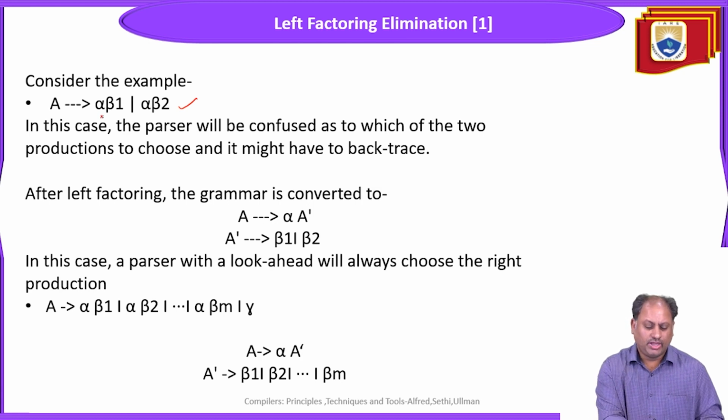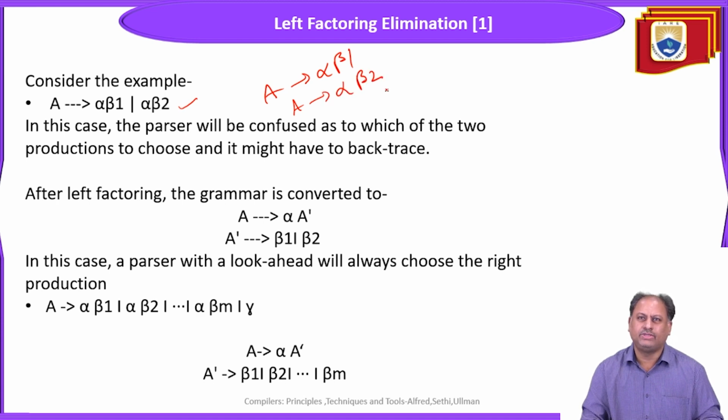So A derives alpha beta 1 is one choice that is to be considered, and the other choice, alpha beta 2, is also to be considered. So this is to be avoided.